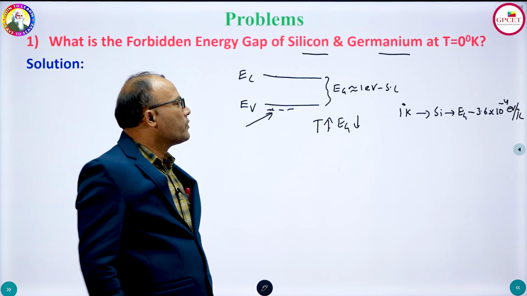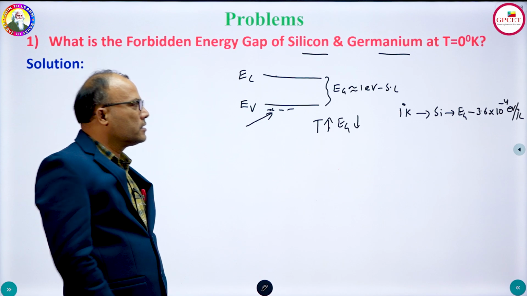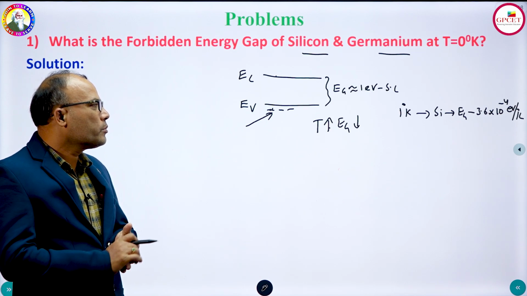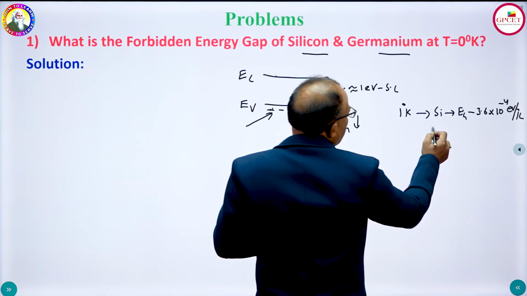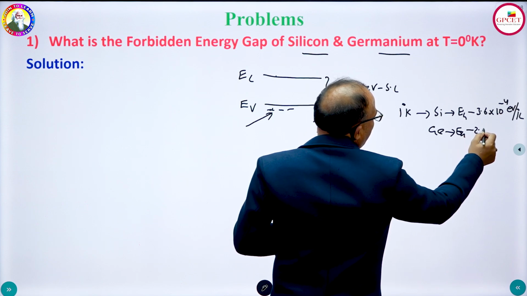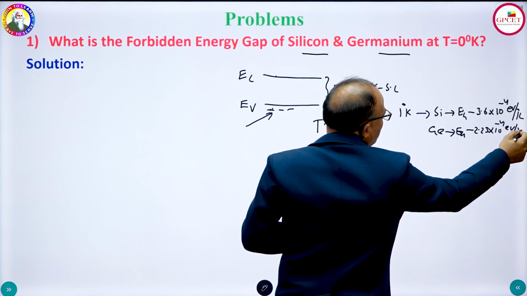And similarly, for germanium material, energy gap decreases by 2.23 into 10 power minus 4 electron volts per degree Kelvin.